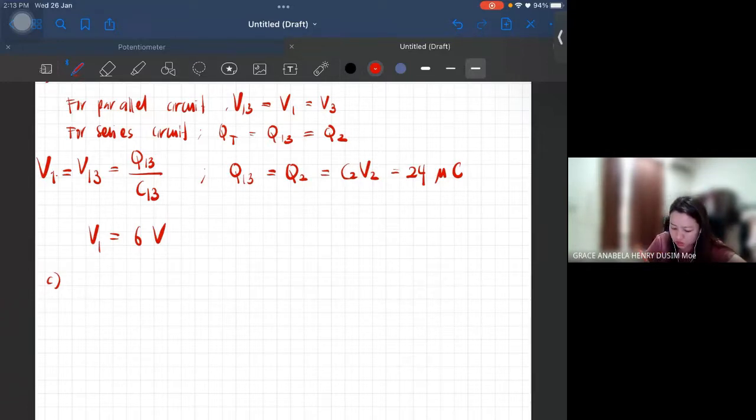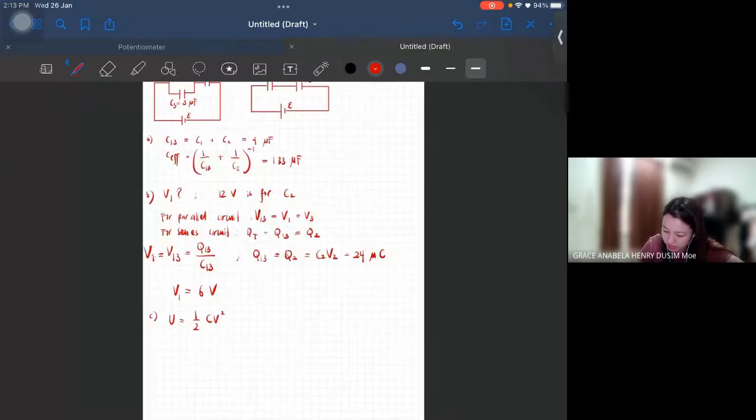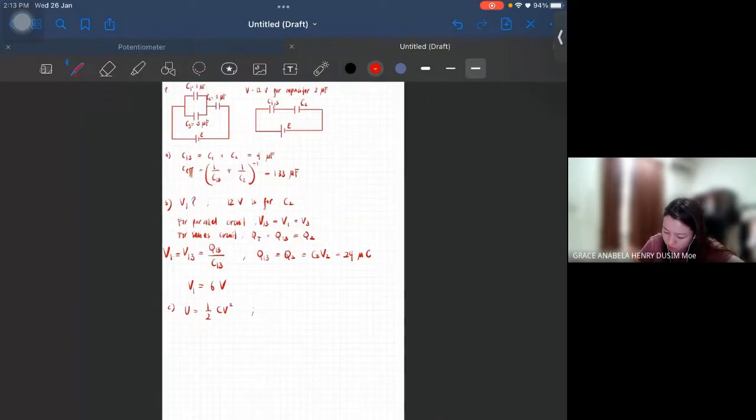Okay, so energy stored is U equals half CV square. Okay, so V here, we haven't calculated. Remember, for series circuit, the total voltage is the addition of all the voltage across the capacitors.